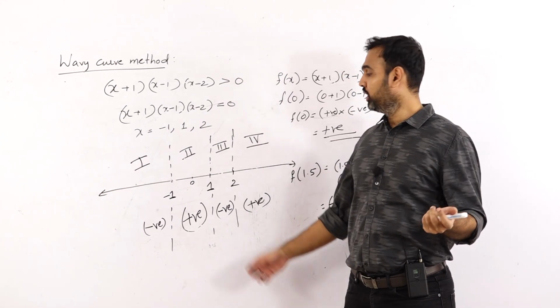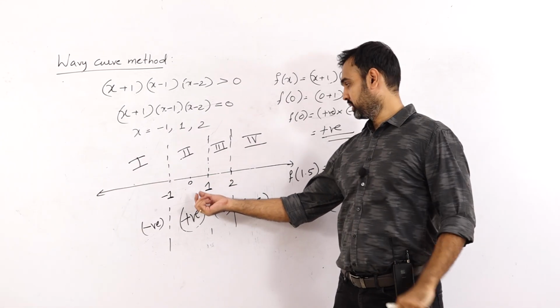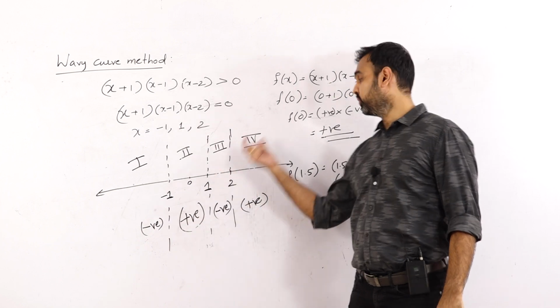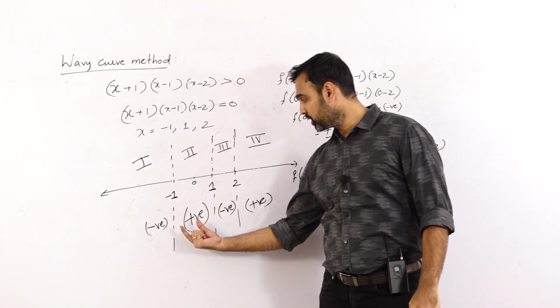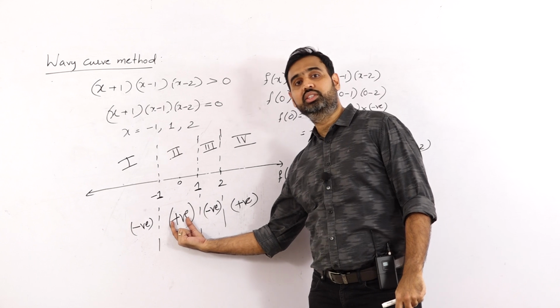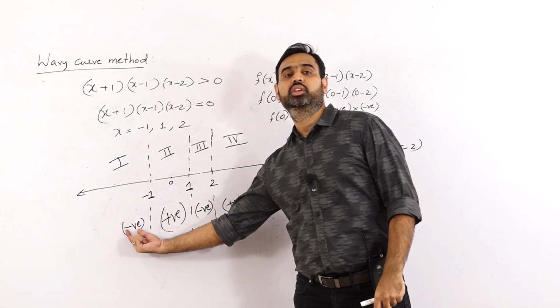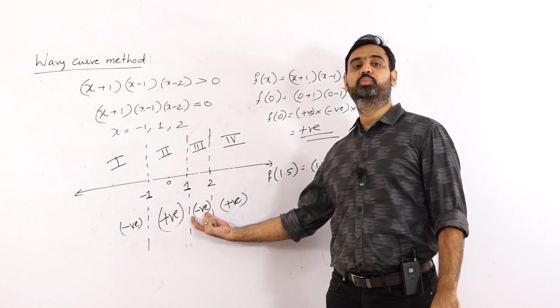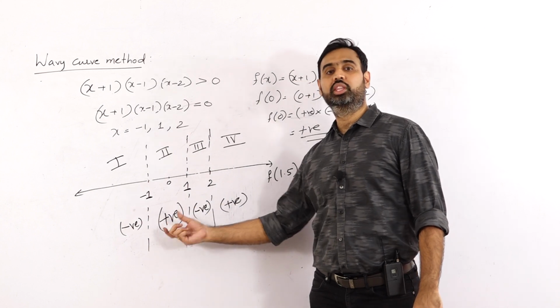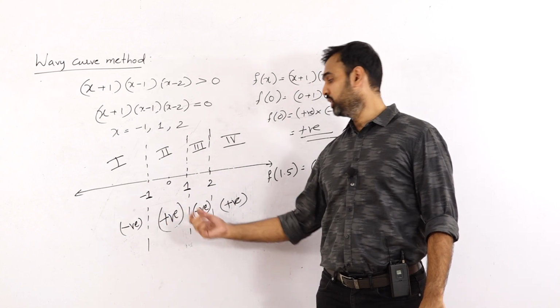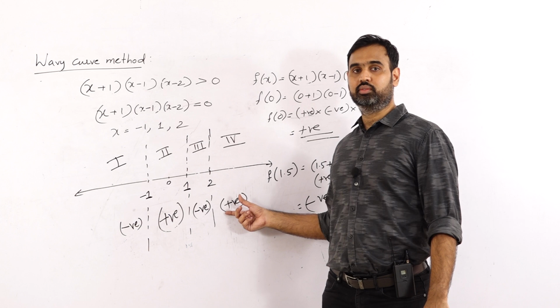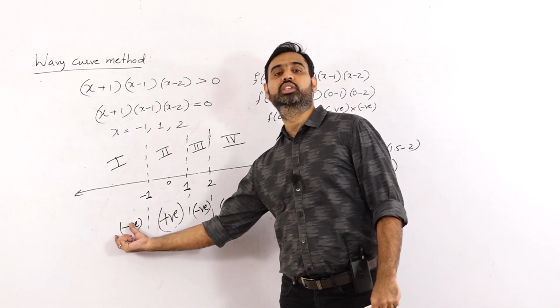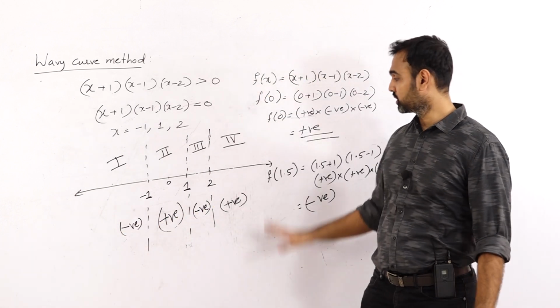You can verify with any single value of x. I have just verified for x equal to 0. I got this region as positive, and from this I concluded the other regions. They will be alternating: positive, negative, positive. On this side, since it is positive, this is negative. This is how it is.